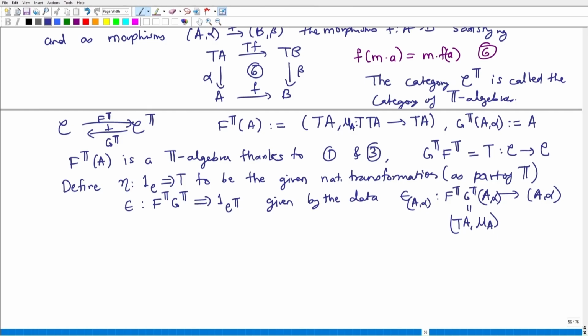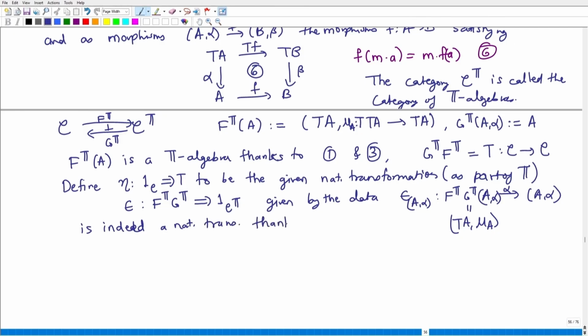Yes. So this is alpha. Why would alpha work from TA mu A? Yes. So this is indeed a natural transformation.